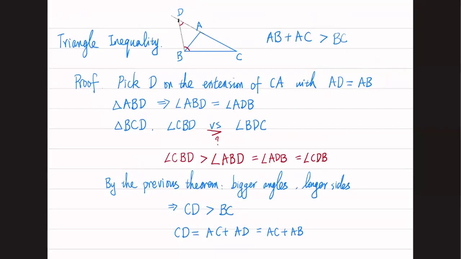Therefore, we have the summation of the two sides is bigger than the third side. This is the triangle inequality. We finish the proof.